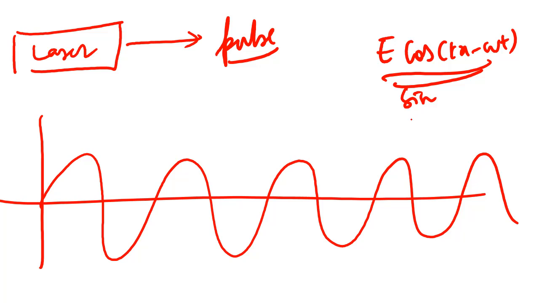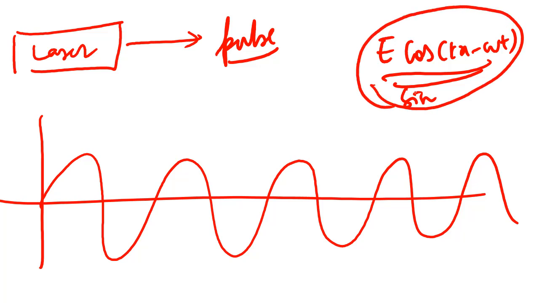When we look at a pulse of light, we are not just looking at one component of electric field, but at many different components of electric field that are superimposed on top of each other. You can see how the pulse comes about.